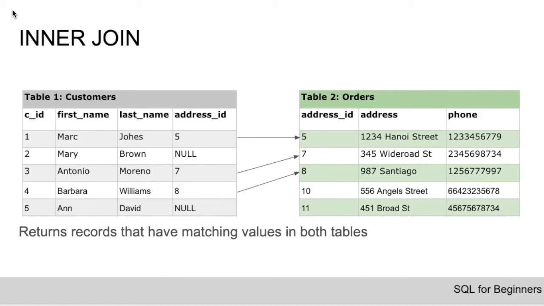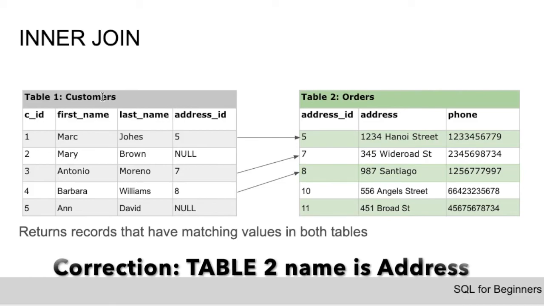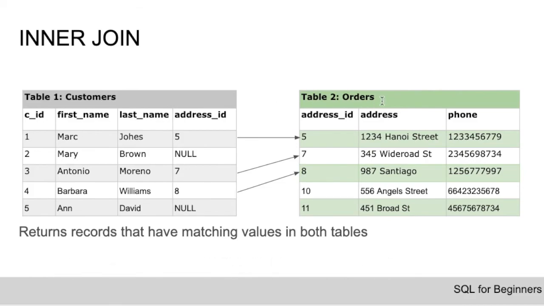Basically, in a relational database, we have multiple tables. In this example, where I'm going to explain the difference between inner join and outer join, I'm just going to use two tables, which are the customer table and the orders table.